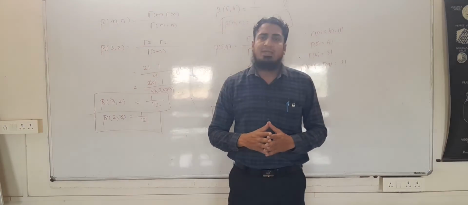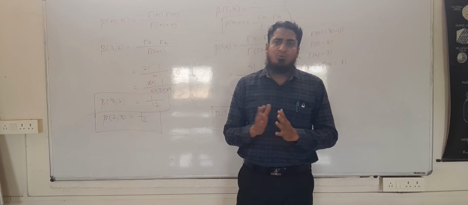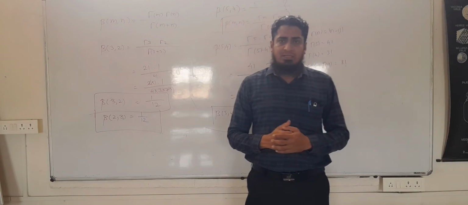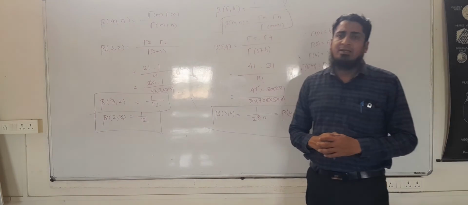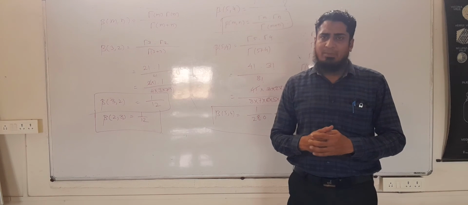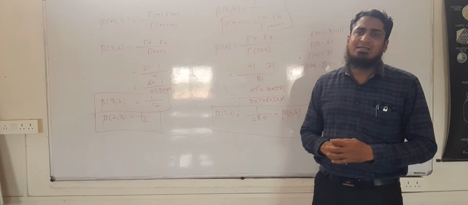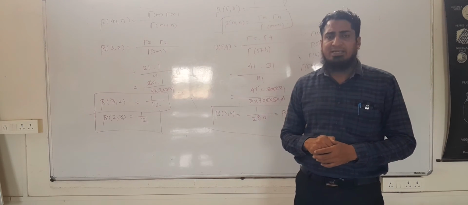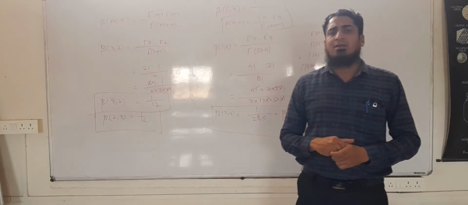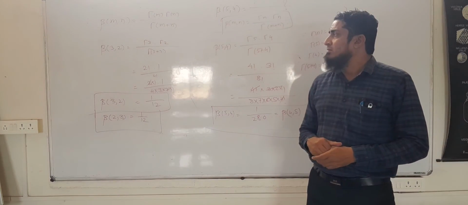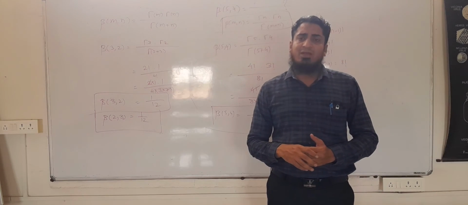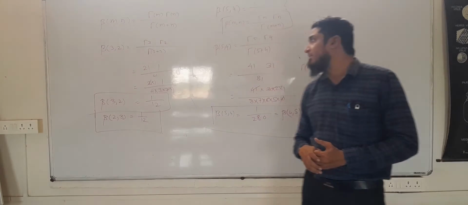We have seen the application of beta and gamma function, that is, we can associate input and output of a particular function with the help of beta and gamma function. We have seen the definition of beta function, that beta of m, n is equal to the integral from 0 to 1 of x raised to m minus 1 into 1 minus x raised to n minus 1 dx. We have seen the symmetric property of the beta function, that is beta of m, n is equal to beta of n, m.